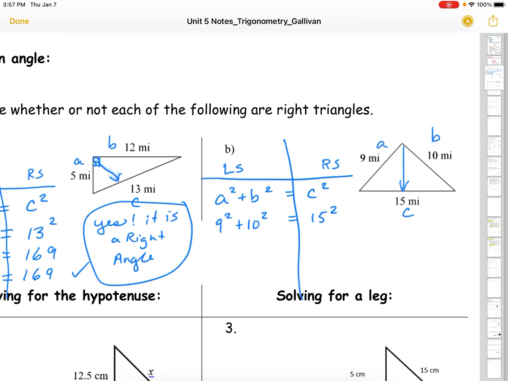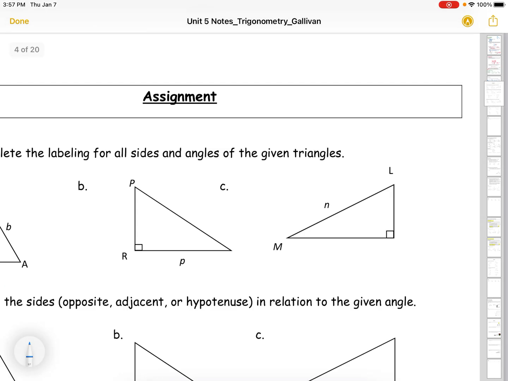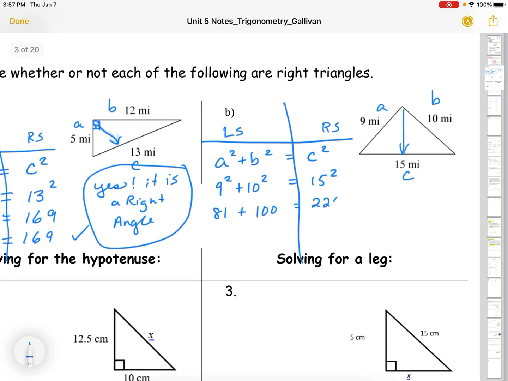We hope so. So this would be 81 plus 100, and 15 squared is 225. So no, this does not work. It's not a right triangle.